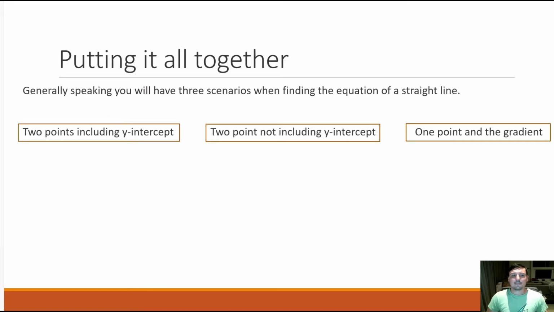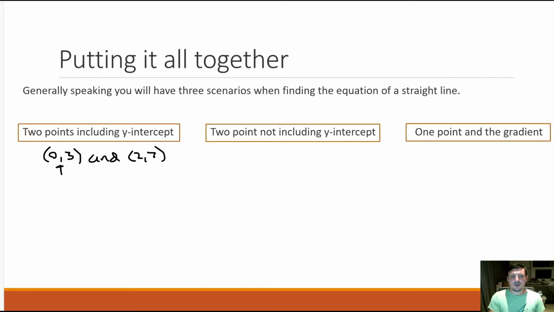So let's put it all together. Generally speaking, you'll have 3 scenarios when you find an equation of a straight line. We have 2 points including an intercept, so we might have something like (0, 3) and (2, 7).